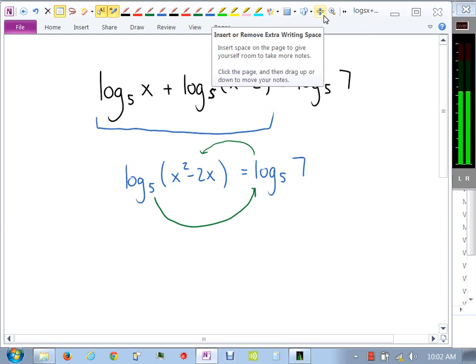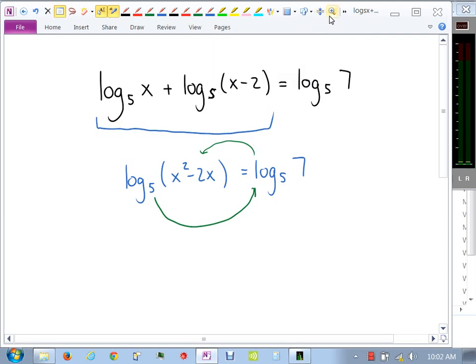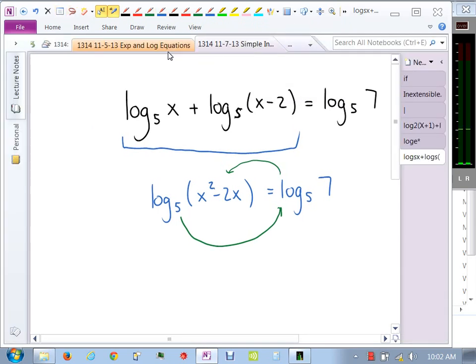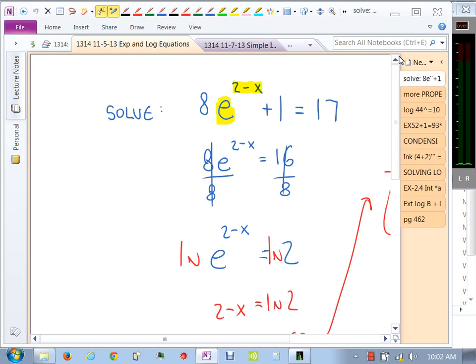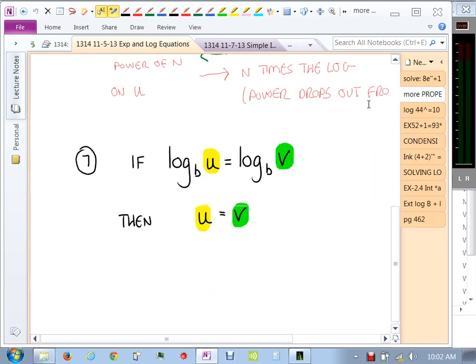When it was log on the left side, log on the right side, the insides had to be the same. Let me go back and see. Yeah, 7. There it is. Look how good my handwriting was that day. If I have that, then I can just set the insides equal to each other. And that's what we're going to use.